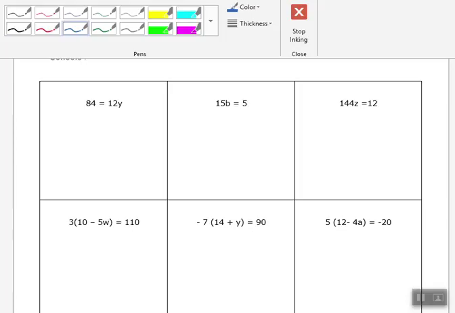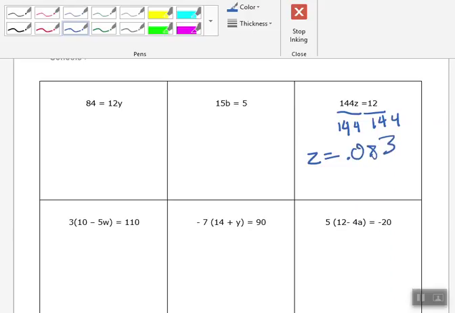Okay, and so let me go over here to this third one, because I have a feeling some of us are going to get a little confused that we have this big division problem. So I have 144z is equal to 12, and I want to divide both sides by 144. So I will get z is equal to, and when I do 12 divided by 144, I'm going to get 0.083.